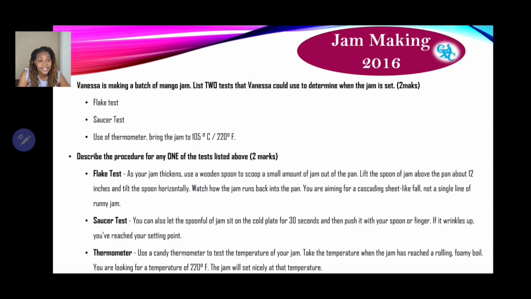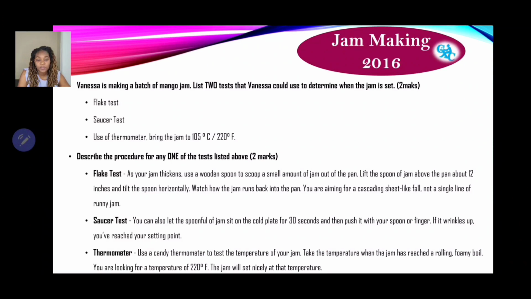Good. There's also the saucer test. You can let a spoonful of jam sit on a cold plate for 30 seconds, or we could put the jam directly on the cold plate for 30 seconds and then we push back with our finger or a spoon. If the mixture wrinkles up, then we have reached the setting point for the jam.